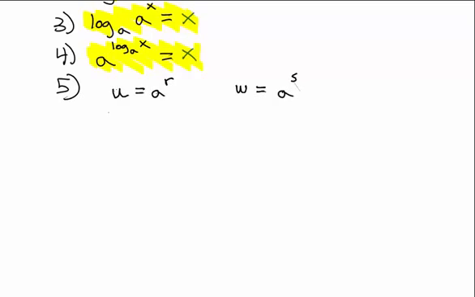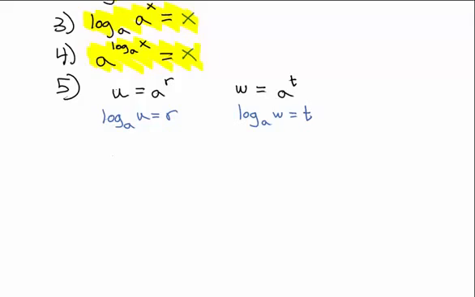So if we were to change these into logs, the first one would be log base a of u equals the exponent r, and the second one would be log base a of w equals t.